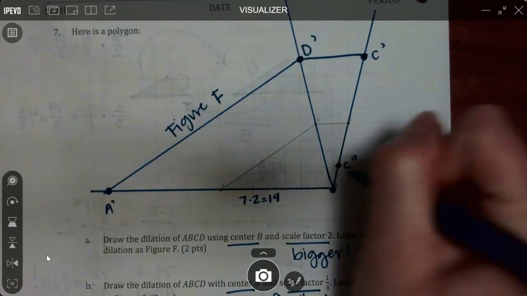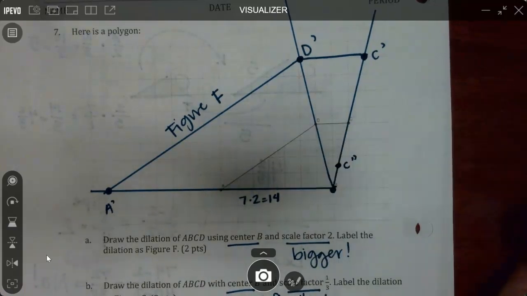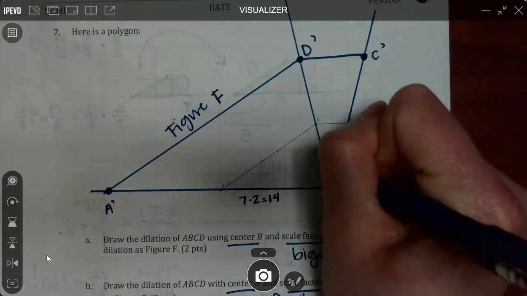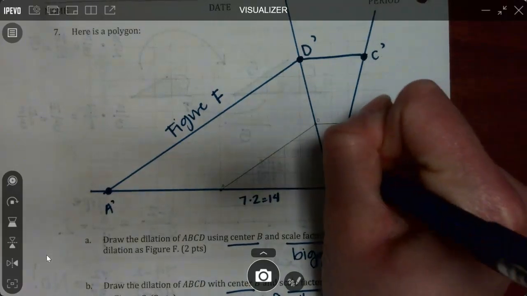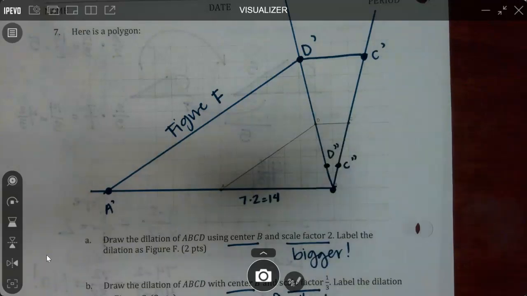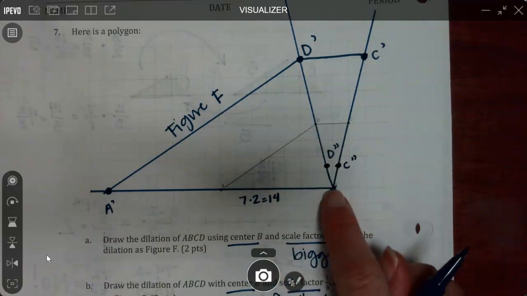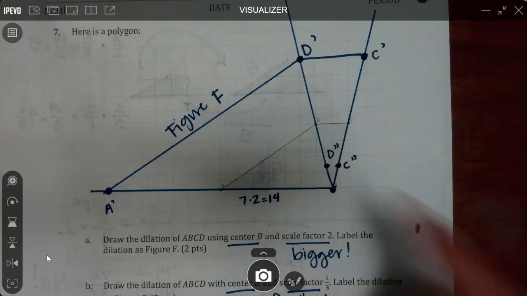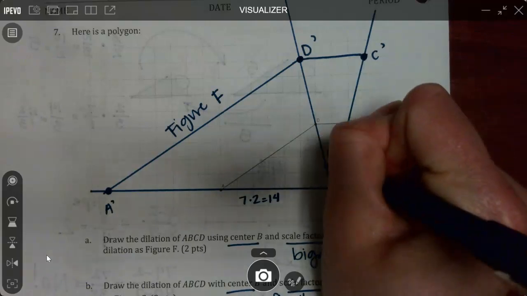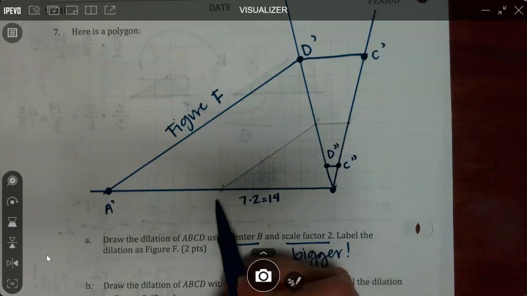For D, I know they have to be on the same line, the same distance high, because they were originally. So I can just come across and put D double prime. If you wanted to count, though, you totally could. It's the same thing. Over 1, up 4. So over 1/3, up 1 and 1/3. So now I already have 2 of my points. Then I had a distance of 7.